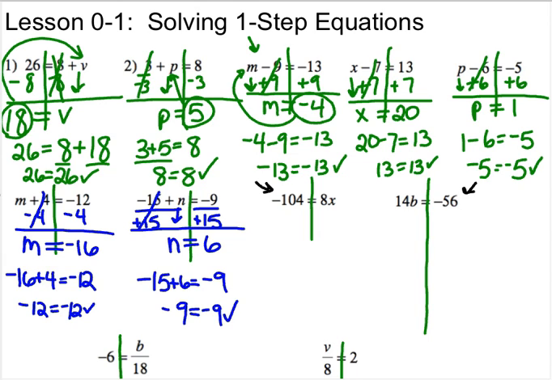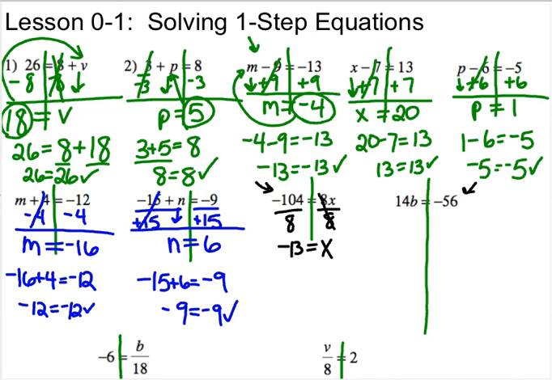Isolate x. Since it's 8 times x, to isolate x and move the 8 over the line, I have to do the opposite of what is going on. Since it's multiplication, I must divide. I'm going to divide each side by 8. Those cancel, leaving me with x equals negative 13.